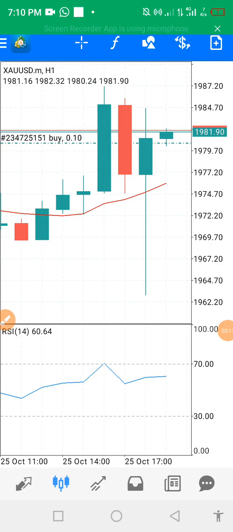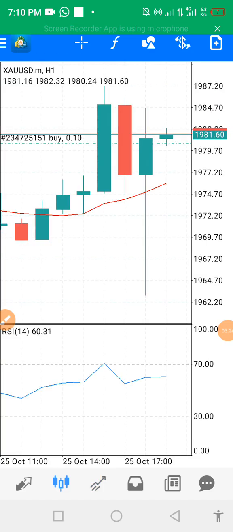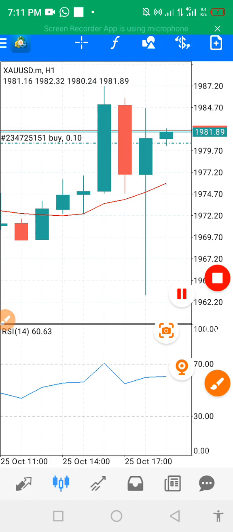So you can see 22 just dropped down. Let us wait and see what's going to happen on our side.